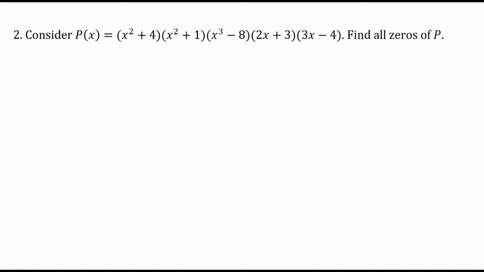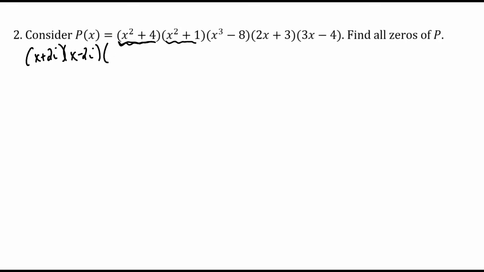Consider this ridiculous polynomial here. Find all the zeros of p. So let's tackle this. X squared plus 4 can be factored as x plus 2i, x minus 2i, because that's the sum of perfect squares. When we factor the sum of perfect squares, we get complex solutions.